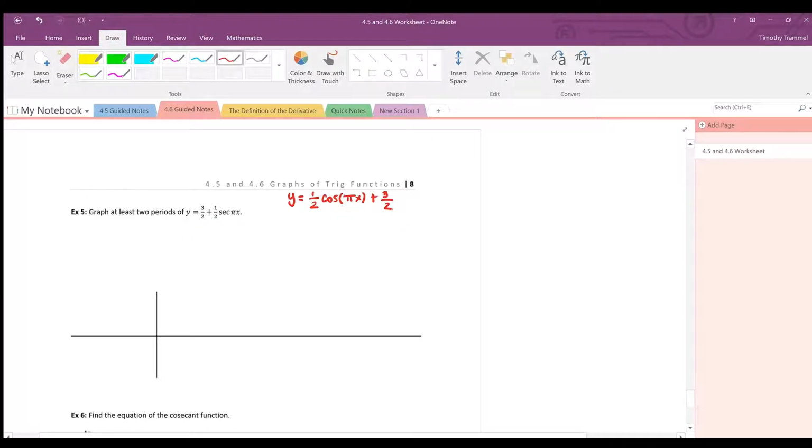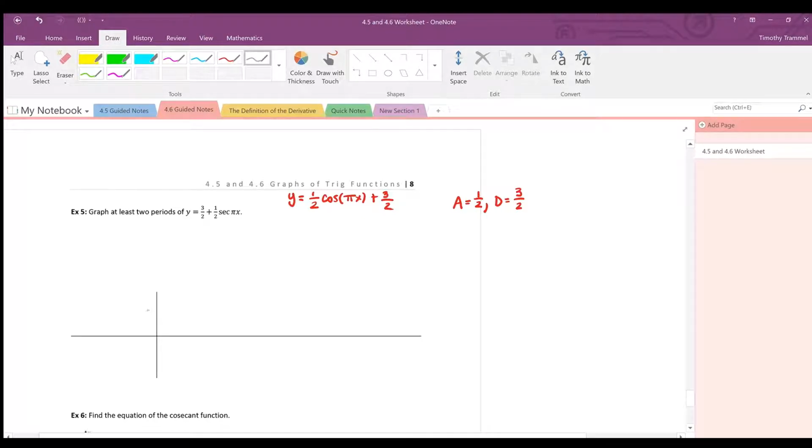Next, we should probably find the amplitude, and I guess we already talked about d there, but again, our amplitude's 1/2, d is 3/2. So remember that d equals 3/2 is what it's going to do. It's going to scoot our graph up 3/2 units, or it'll scoot the center of the wave up 3/2 units.